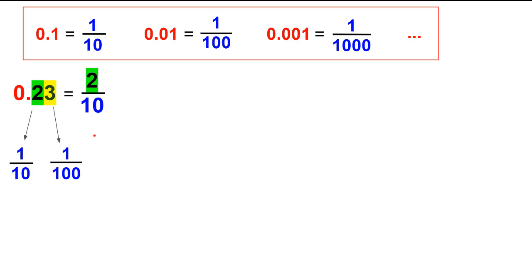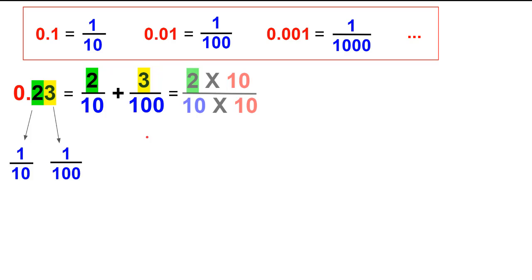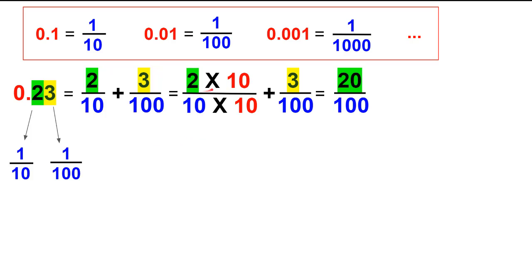So it's 2 over 10, that's for the first digit, and 3 over 100. That's 2 times 10 over 10 times 10. We multiplied this fraction here by 10 and divided it by 10.